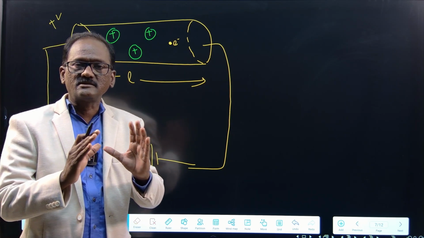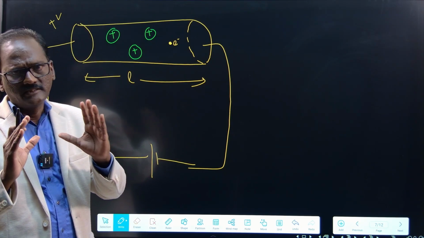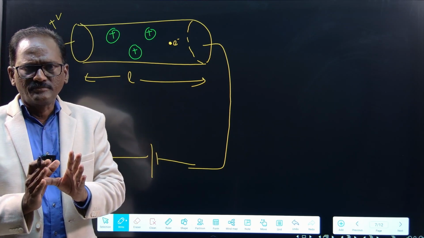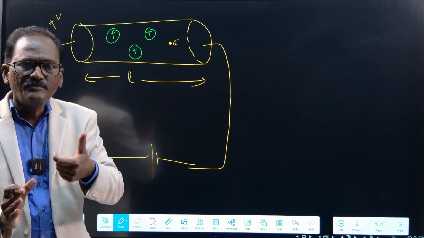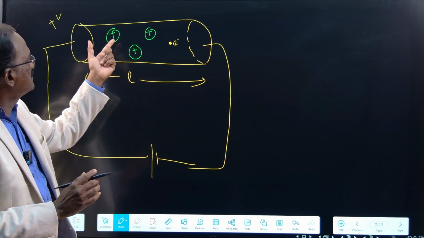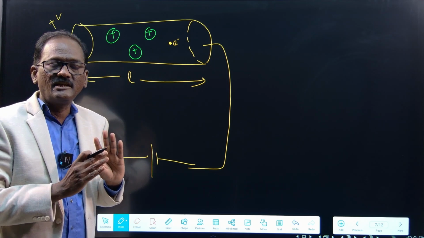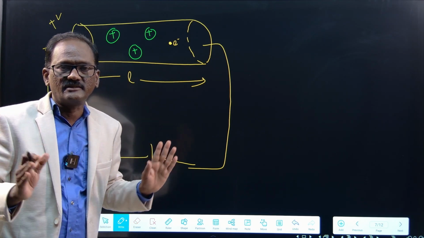Not all the electrons are liberated, only a few electrons are liberated. They are known as free electrons. That concept you know, right? The remaining part of the atoms are known as positive ions. They are available inside the material, in the atomic lattice, everywhere, right?